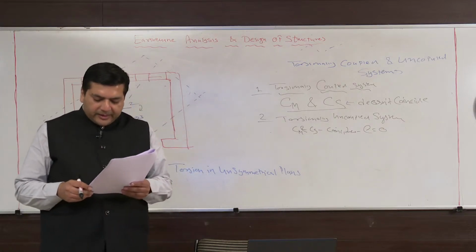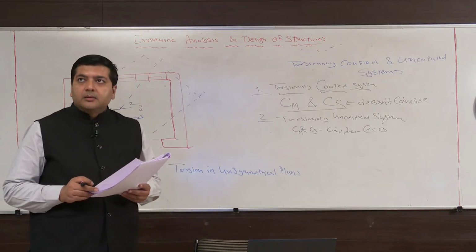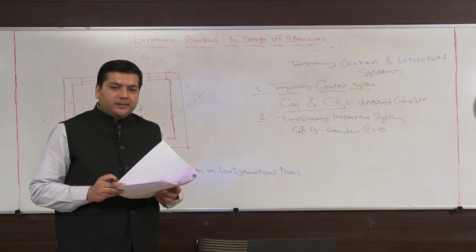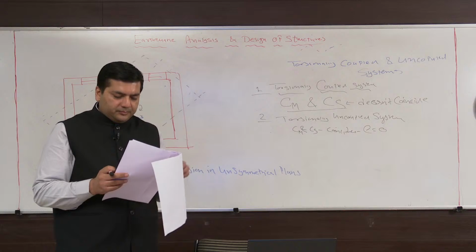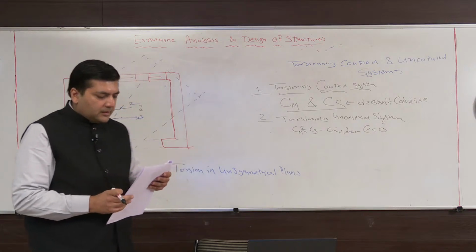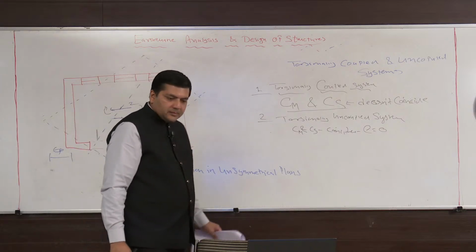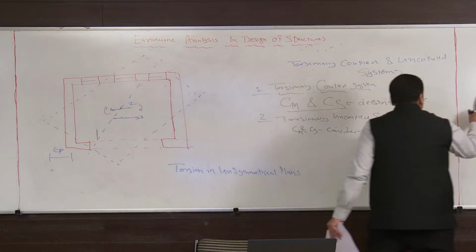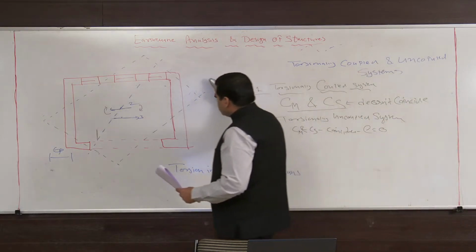Coincide, that is in brackets, that is E equal to 0, is called torsionally uncoupled system. Torsionally uncoupled system. Right? Shall we move ahead? Yes. Okay. Yes, sir.